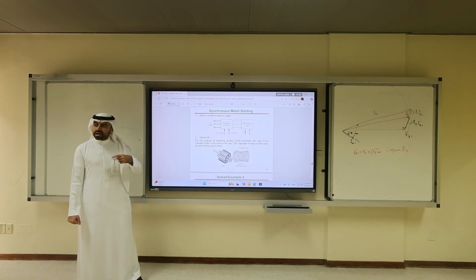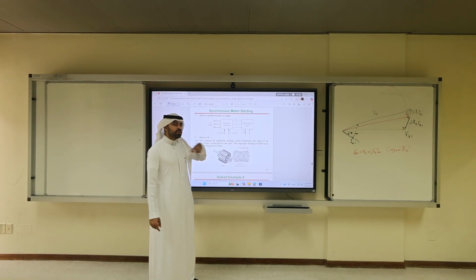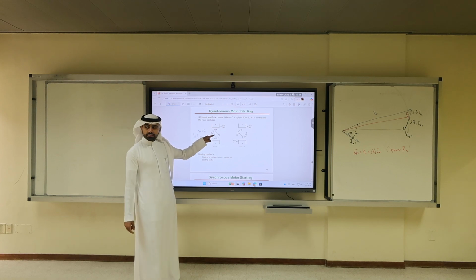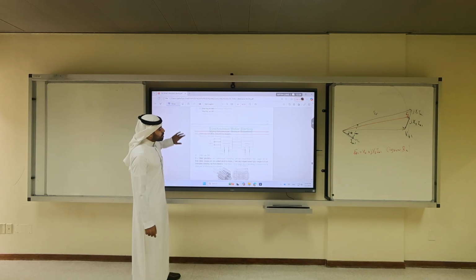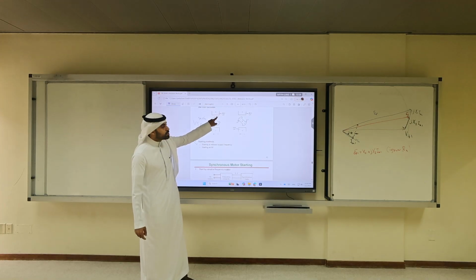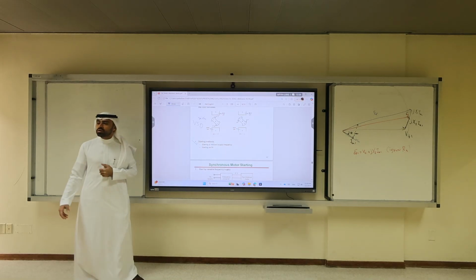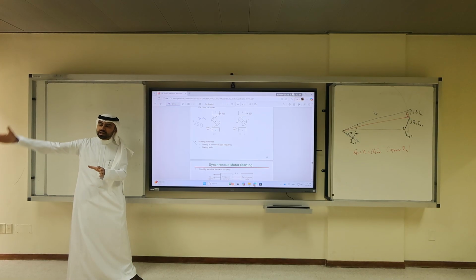The moment the rotor starts spinning, an induced torque will be stronger than the torque that we experience between the exciter and the stator field. There will be an additional torque that counteracts these two torques that spins. Clear? So basically you're putting in an induction machine for the very small frequencies until we reach the synchronous speed.